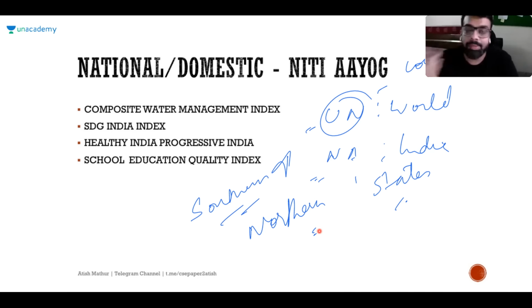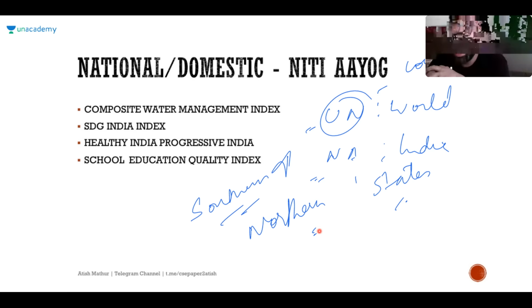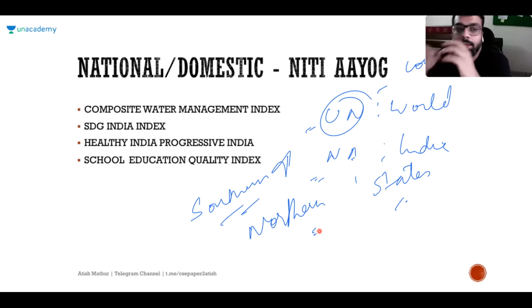So the Composite Water Management Index is a ranking of states who have better policies on saving water. The SDG India Index is basically ranking states in India on which state is closer to achieve the SDG goals. Healthy States, Progressive India is obviously for looking at which state has the best health practices.